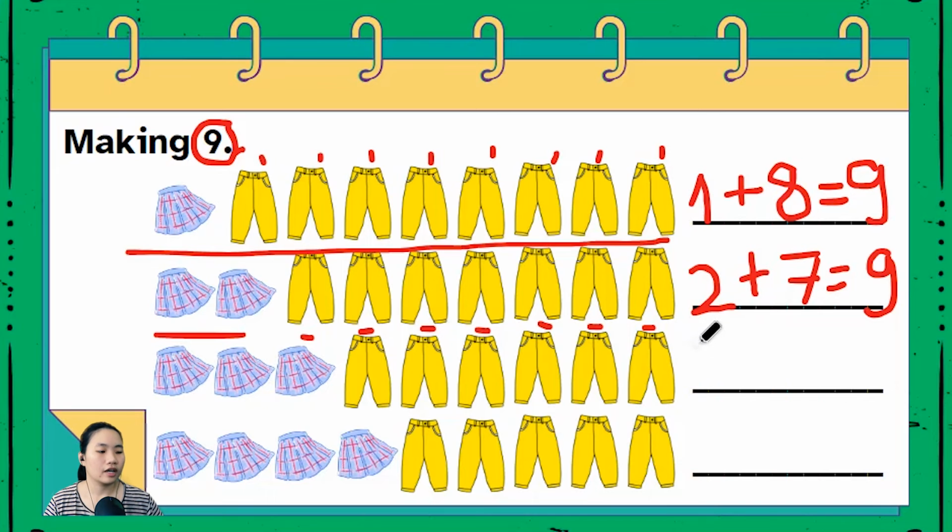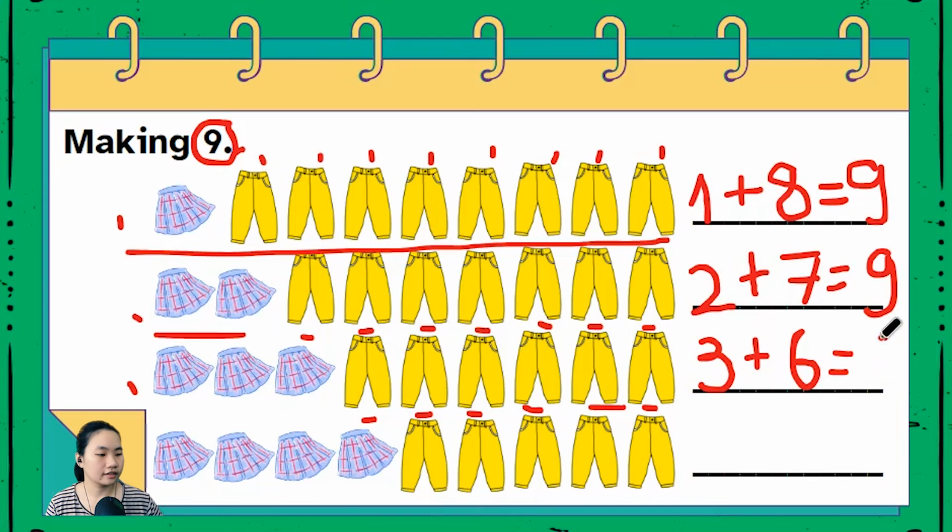Okay. How many skirts are we working with on this row? We have 1, 2, and 3. We have 3 plus 1, 2, 3, 4, 5, and 6. 3 plus 6 is another way of making what? 9. Let's move to the last row. How many skirts do we have here for the last row? We have 4.